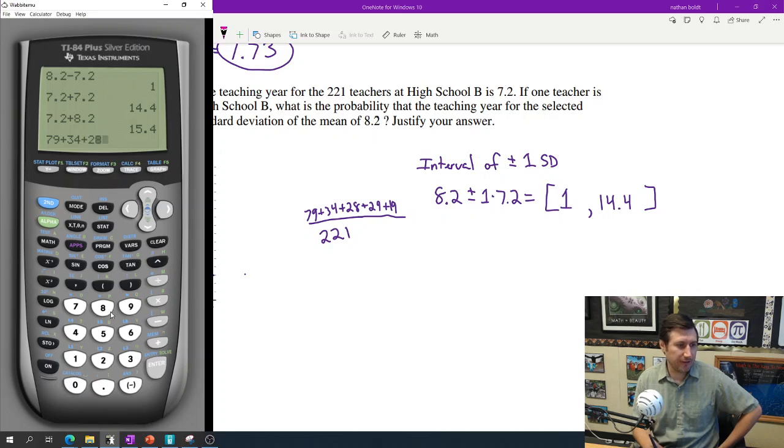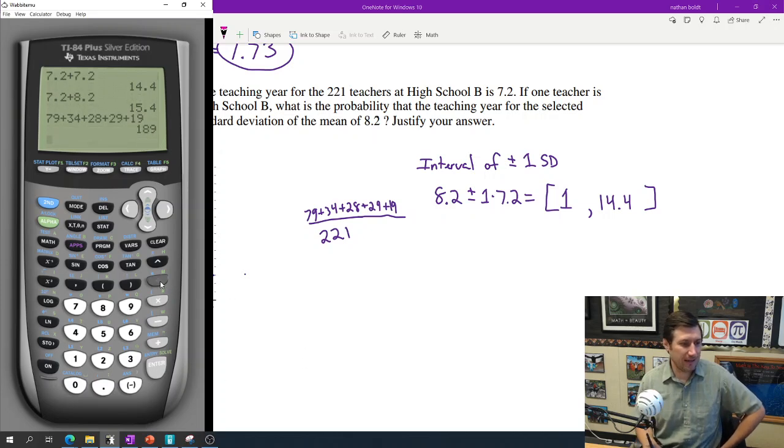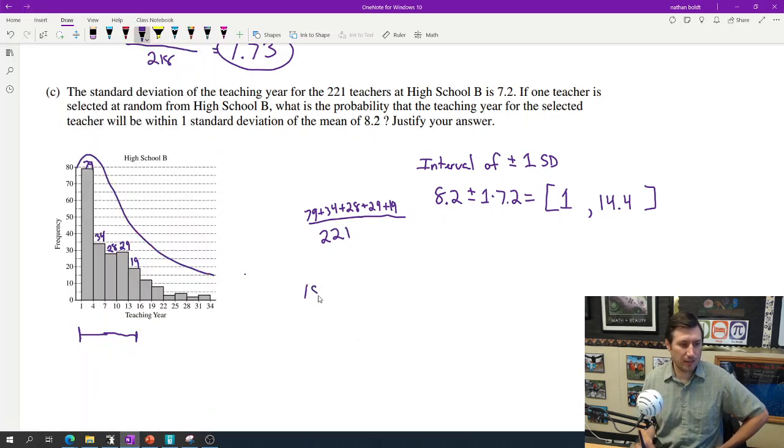I know in the calculus test you don't need to actually do arithmetic. 189 out of 221 is 86%. So 189 out of 221 is 0.86, roughly.